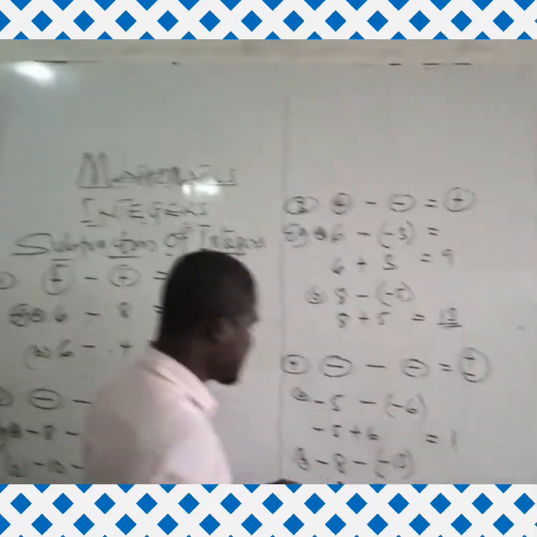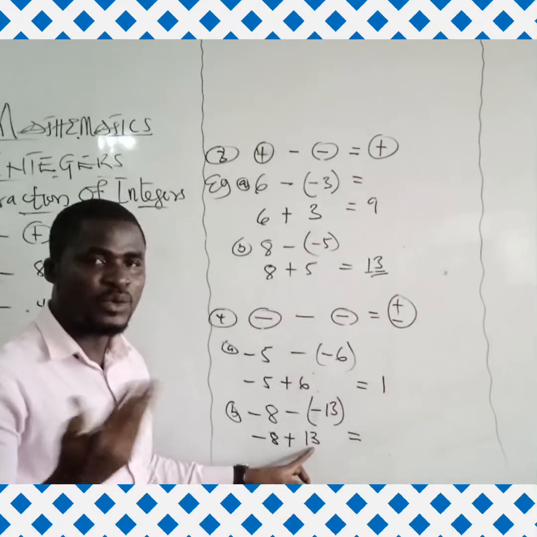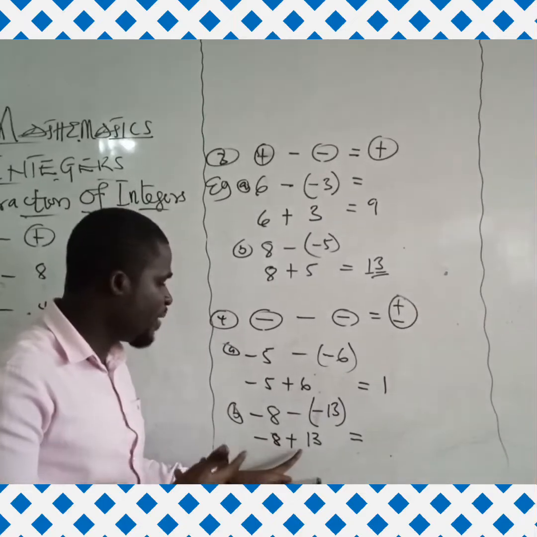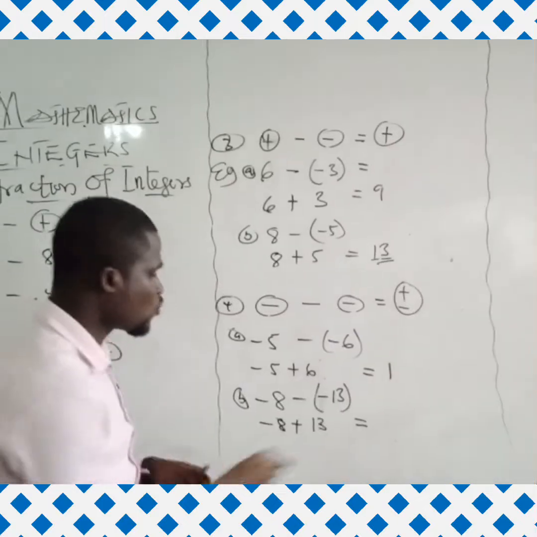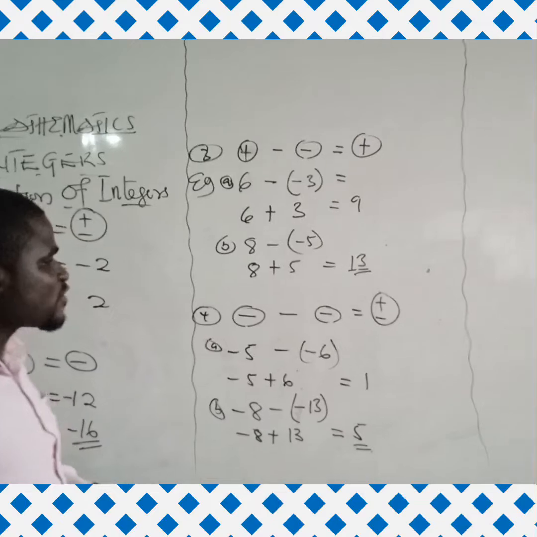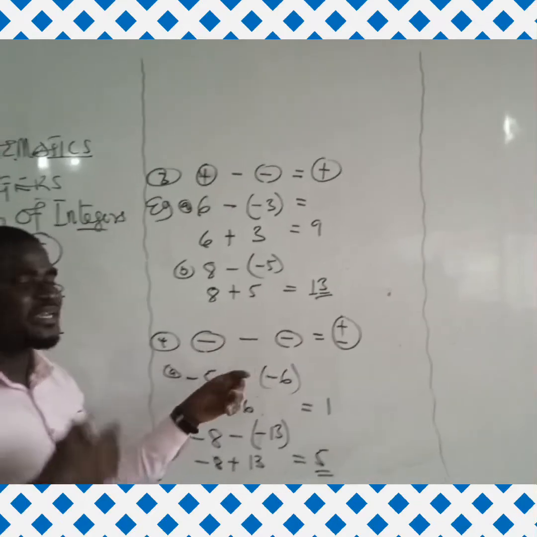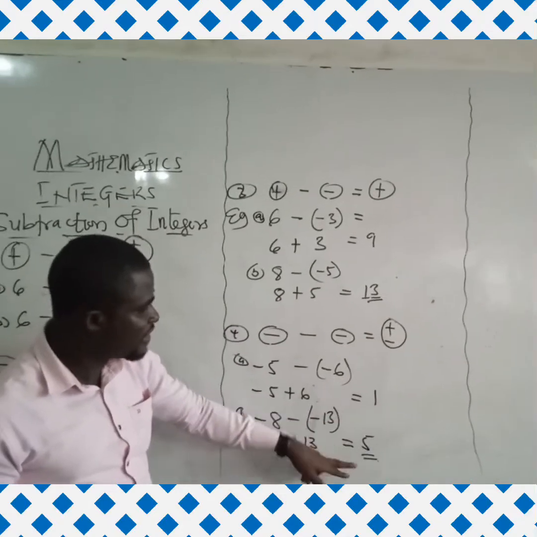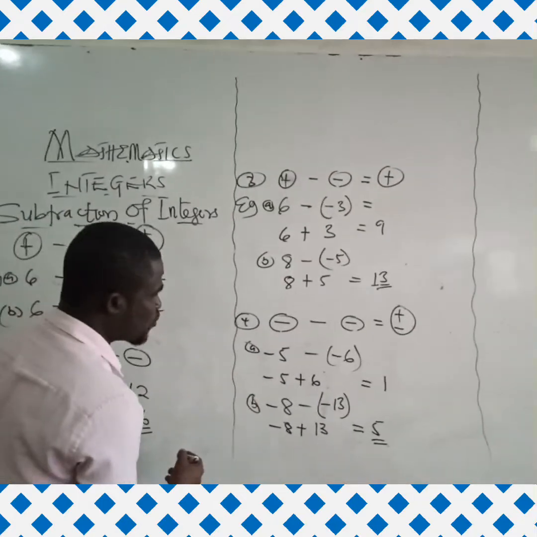Now, negative 8 plus 13: you are owing me 8, you've paid 13. What will be your profit? My profit will be 5. So I'm going to have positive 5 as my answer. That's why we are saying that whenever you subtract negative from negative, the result will be either positive or negative.